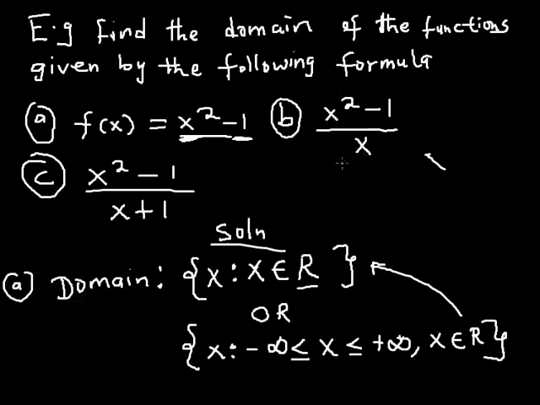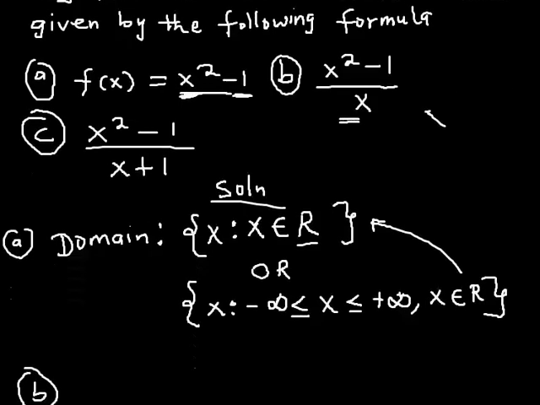So you discover that all values of x are admissible in this formula, except the value of x that will make the denominator of this fraction equal to 0. Because if the denominator is equal to 0, then that particular value of x is not going to be part of the domain. There's going to be an exception.